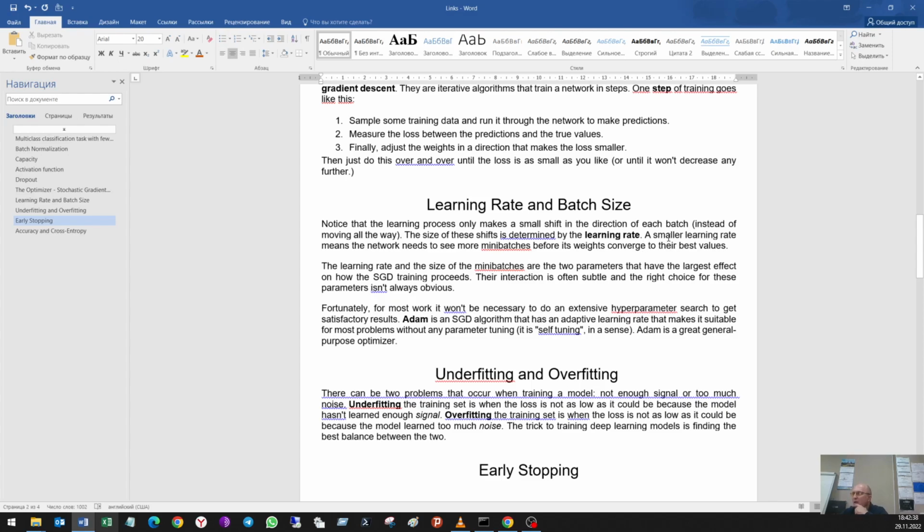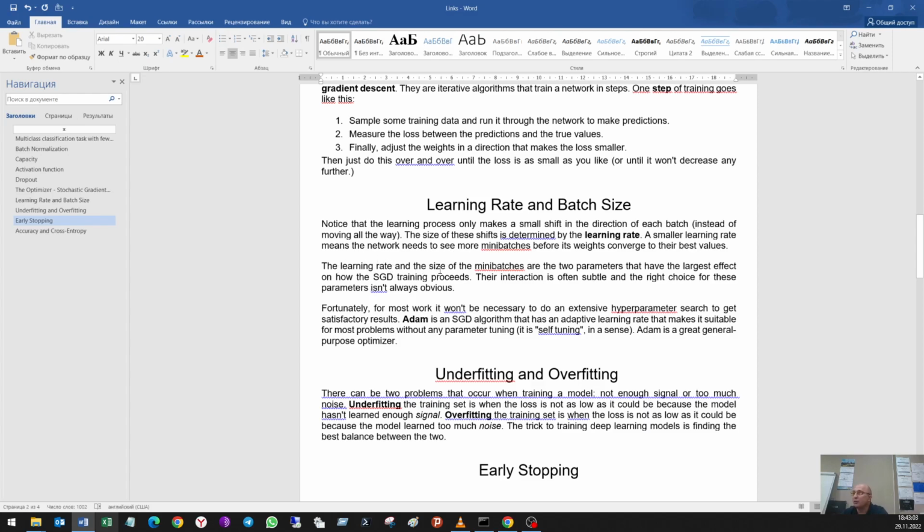A smaller learning rate means the network needs to see more mini batches before its weights converge to their best values. It is very complex for me.